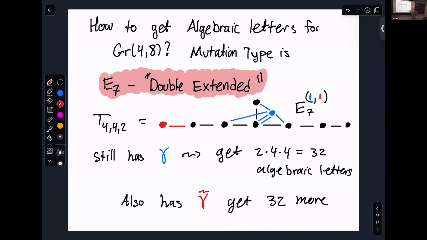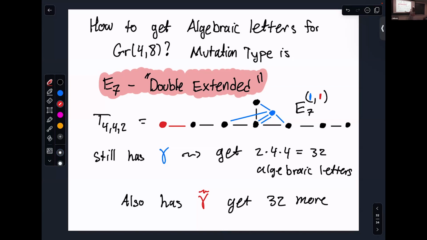And I can compute in that limit, just assuming that it looks like an affine cluster algebra, that there should be P times Q times R different algebraic letters associated to that infinite limit. So that's 32 letters there.